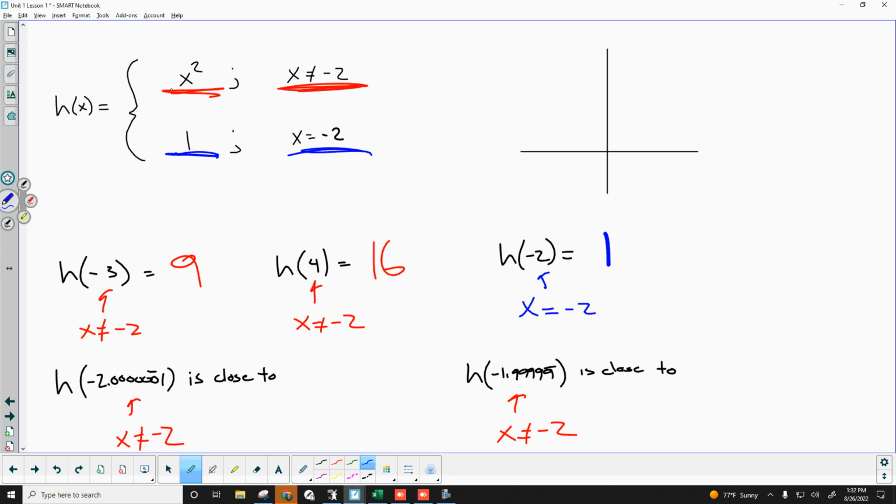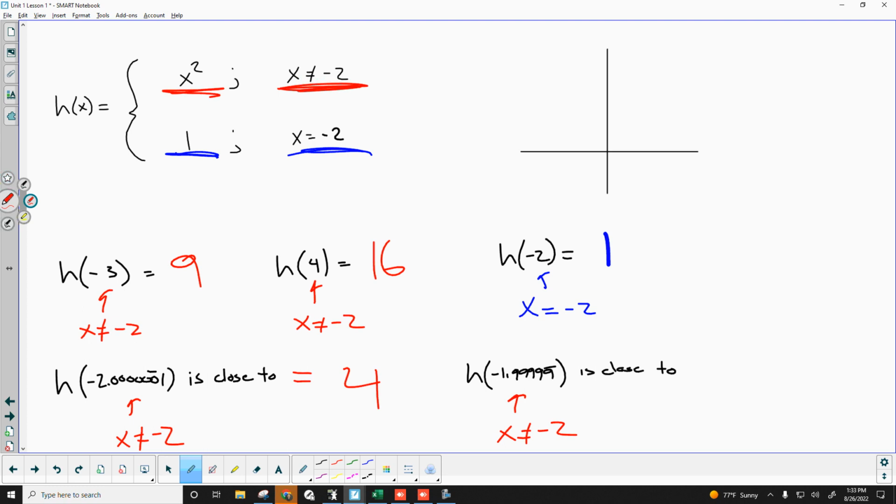If I took -2.0 with a million zeros followed by a 1, plug that into my calculator in parentheses and then square it, my calculator is just going to give up. Because you're essentially plugging in -2 and squaring -2, it's just going to tell you it's 4.